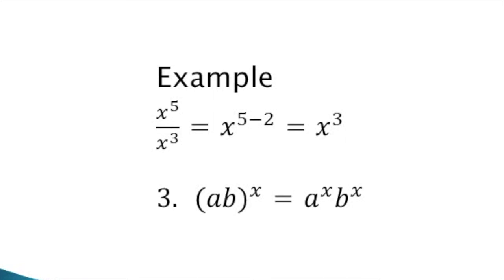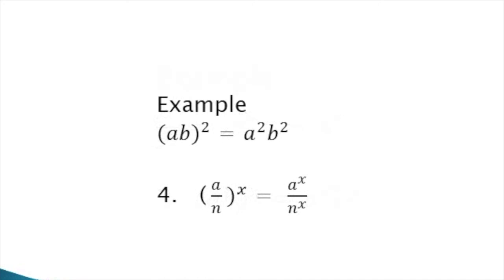So we use the main exponent, which is x, to multiply the exponent of a and the exponent of b. So x will multiply 1, that is for a, and x will multiply the exponent of b. So we are going to have a to the power x, b to the power x.